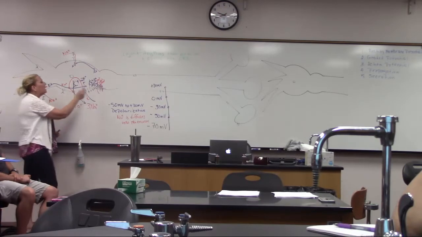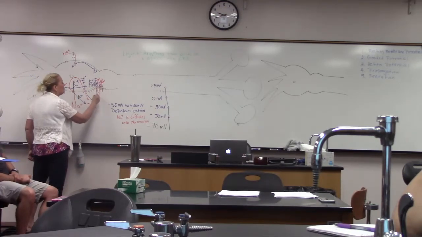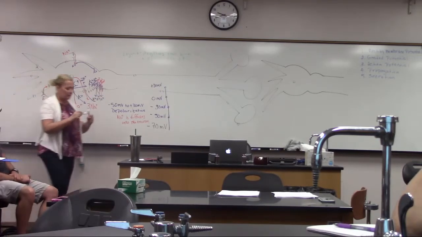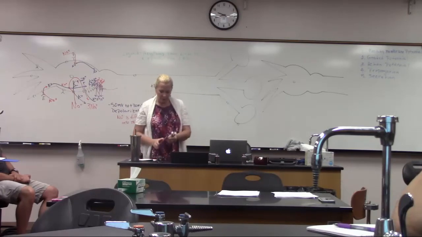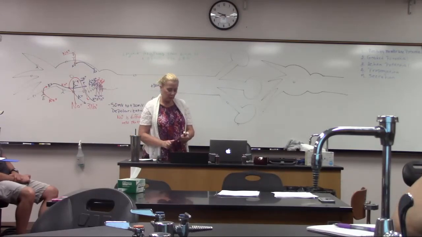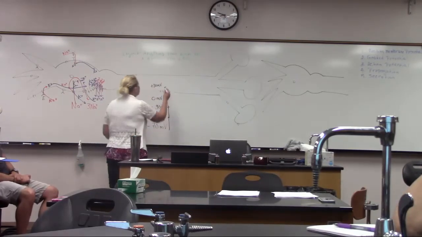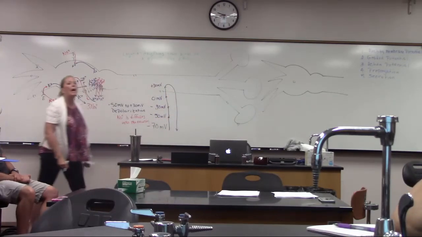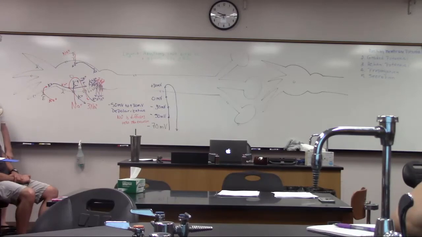So we see potassium beginning to diffuse out of our neuron, which also means that voltage is going to drop. So we see the voltage as the potassium diffuses out dropping until we get to minus 70 millivolts.